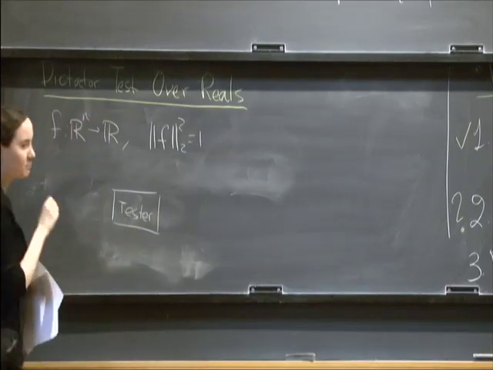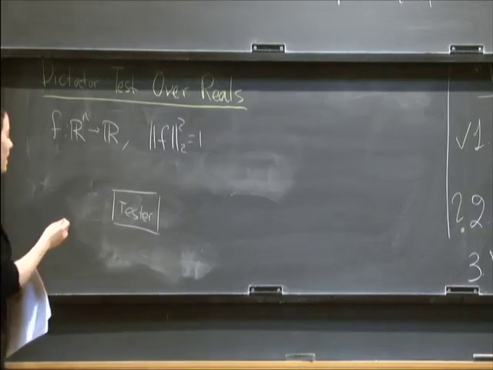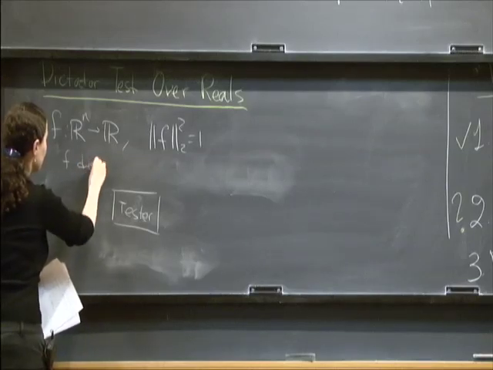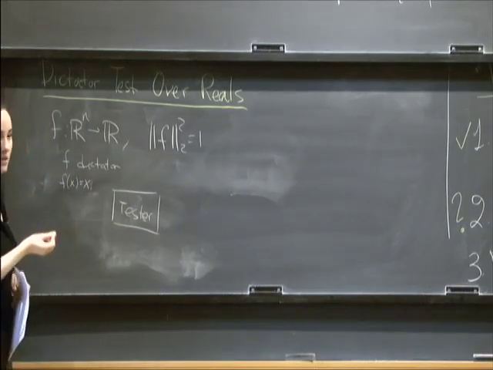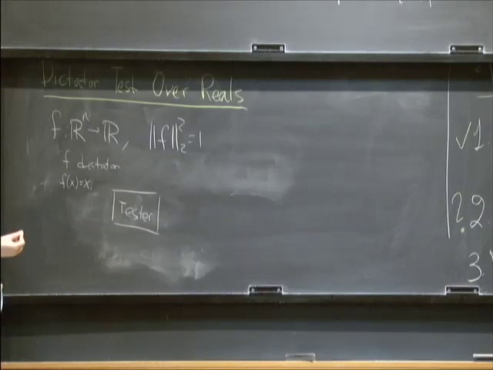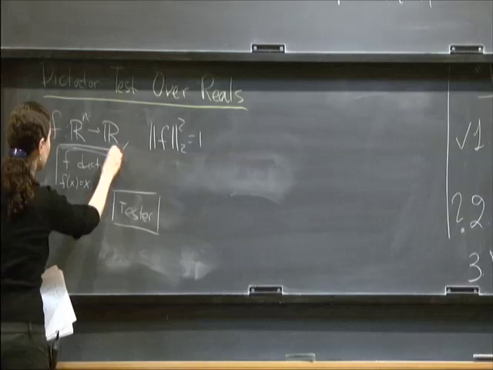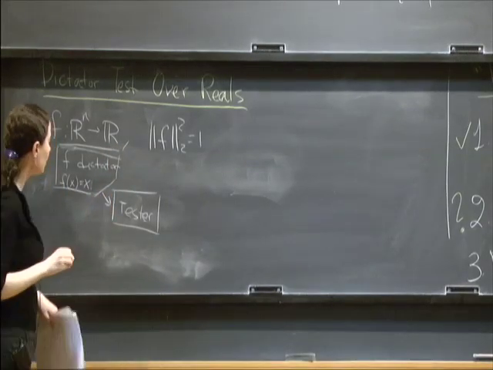The tester is going to get query access to f, where f is from one of 2 types. Type 1 is f is a dictator, which means that f of x is just the value of x in one specific coordinate i. So this is one option that the tester may get.